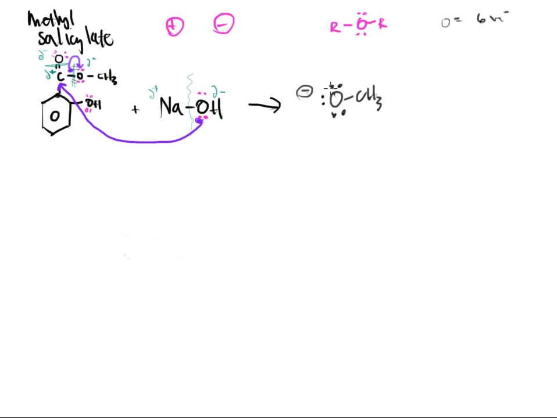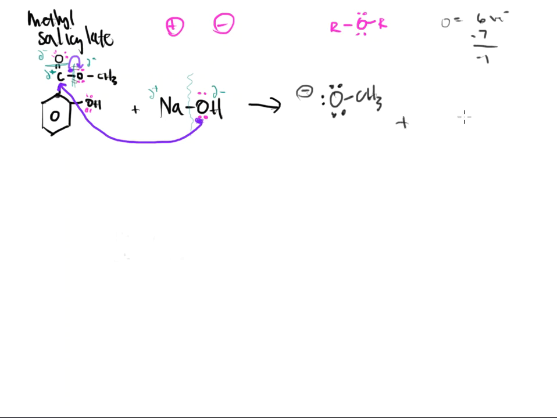So 1, 2, 3, 4, 5, 6, and then 1 for the bond is 7. You take the valence electron number and subtract the number that you just got from it, and you end up with a -1. That's how we assign charges in these chemical compounds. So we have a full-blown negative now, an OCH3 group that's floating around in the container.